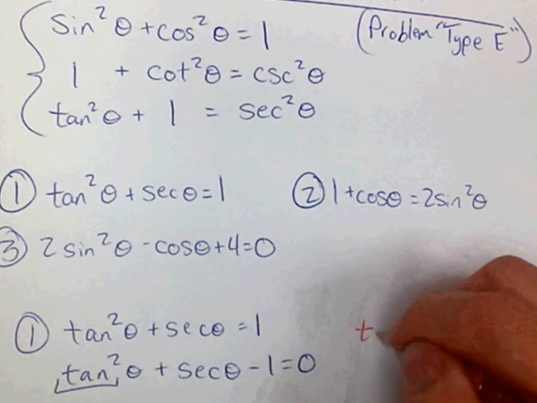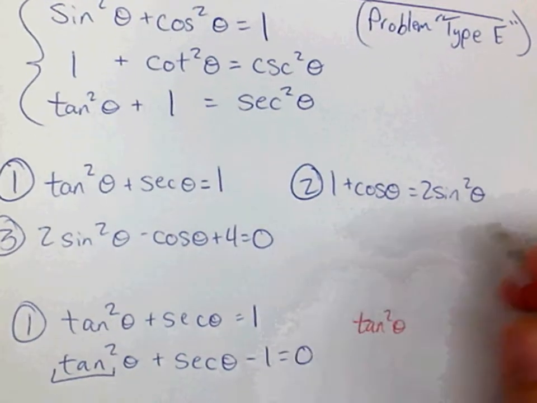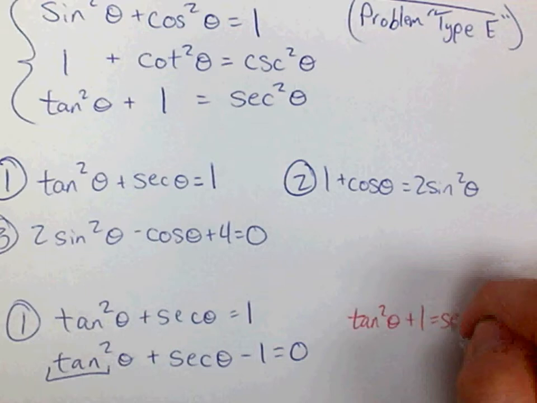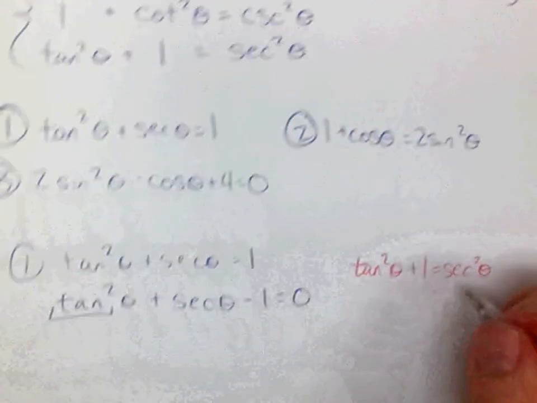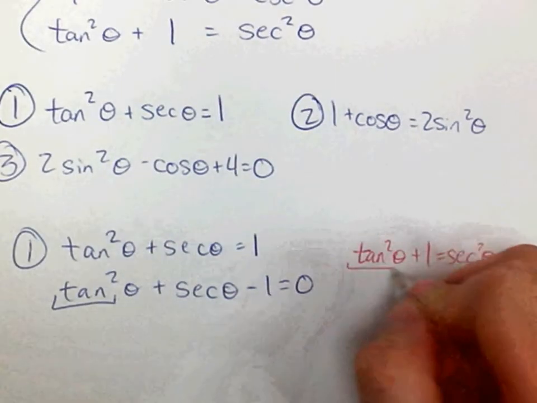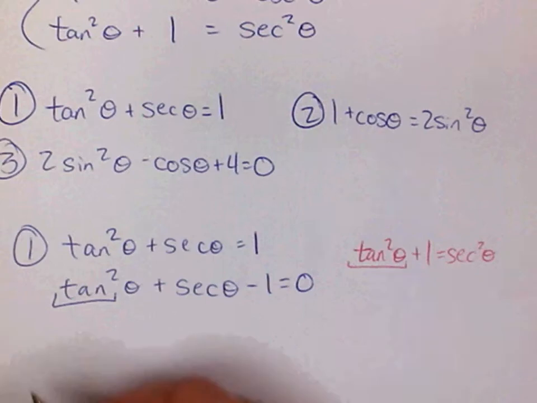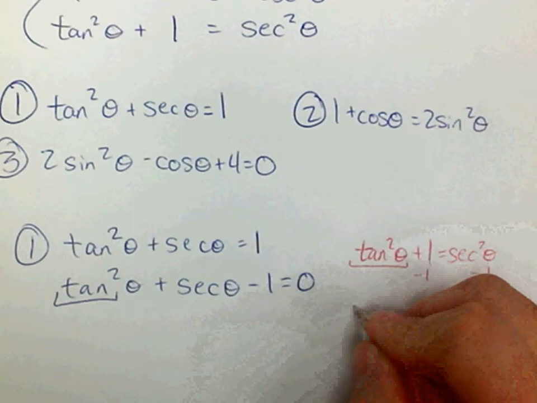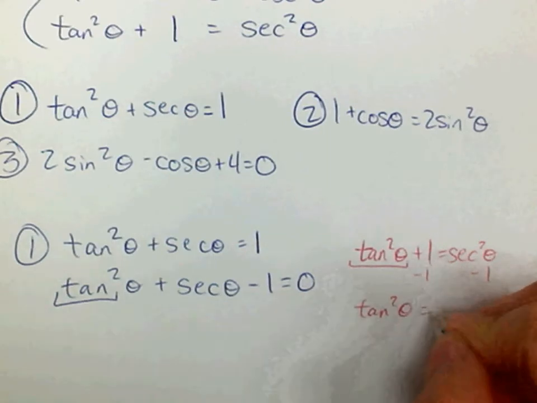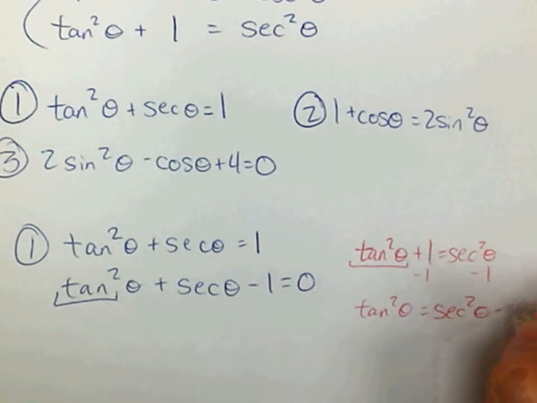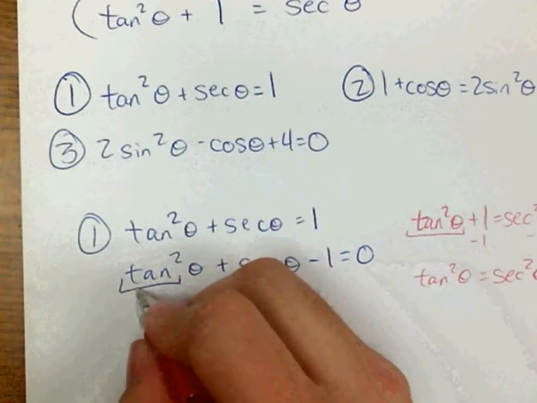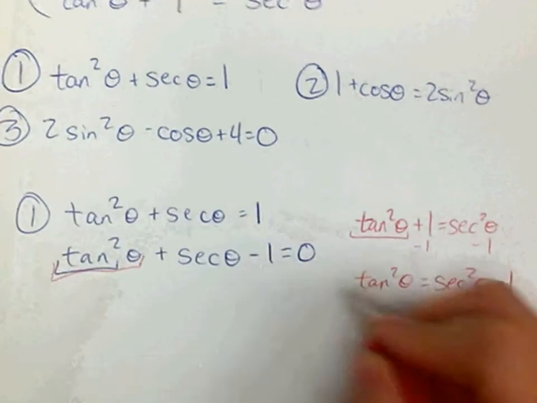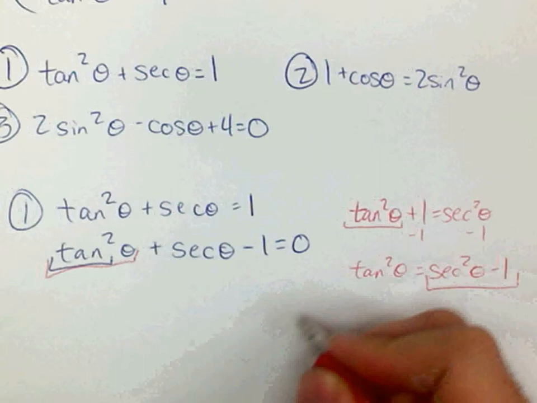I'm going to say tangent squared theta plus 1 equals secant squared theta. That's our identity. And I'm going to solve it for tangent squared theta so I can figure out what I can replace this with. So I subtract 1, and I get tangent squared theta equals secant squared theta minus 1. And now I can take this and replace it with this.